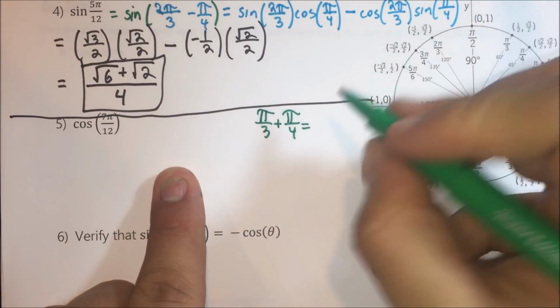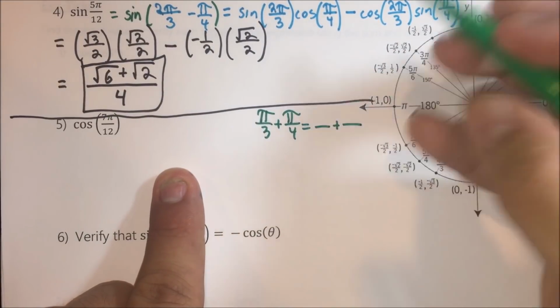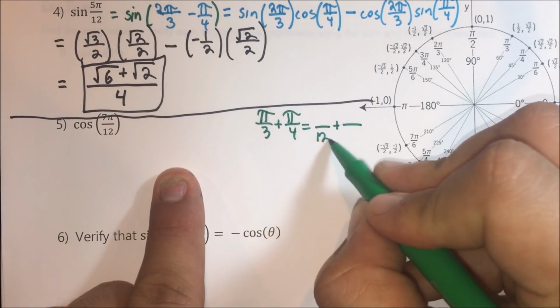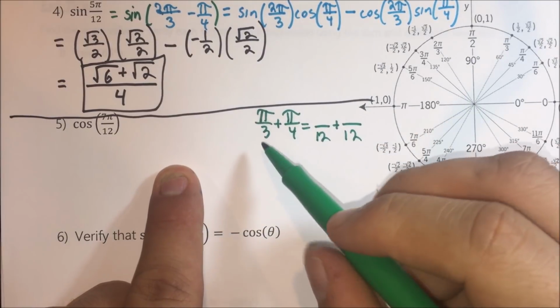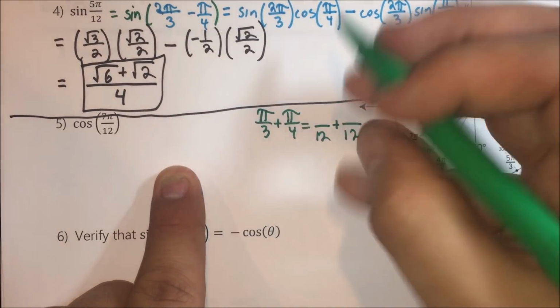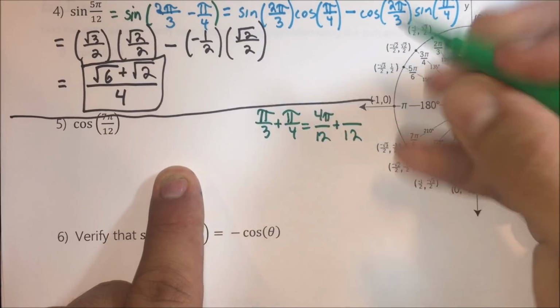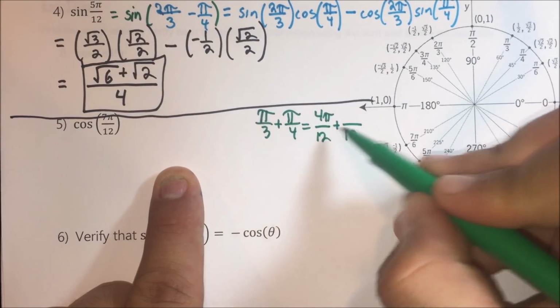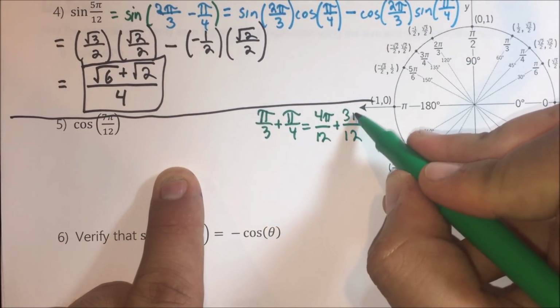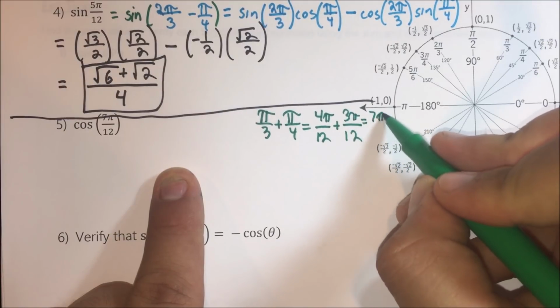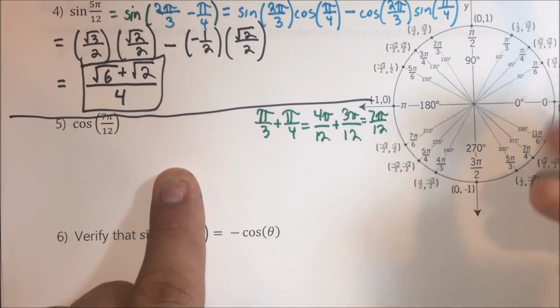Okay, so again, we need a common denominator to add those two. We need a 12 and a 12. So again, I have to multiply this 3 by 4 to get to 12, so I'm going to do that in the top. And I multiply 4 by 3, so we're going to put 3 pi in the top. And we see that that indeed does add together to 7 pi over 12.